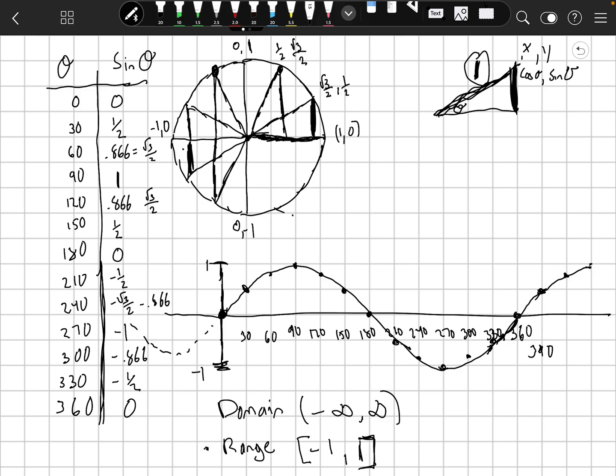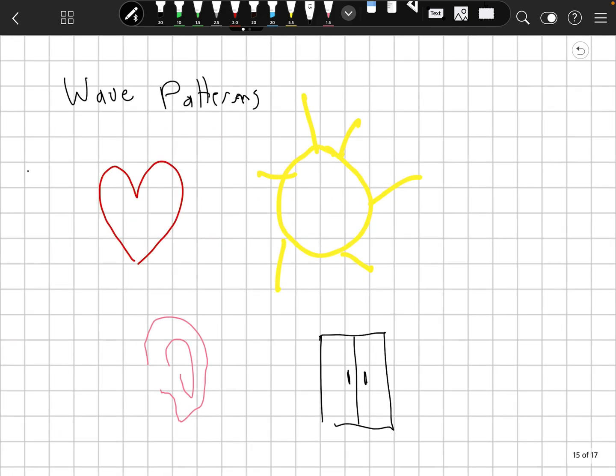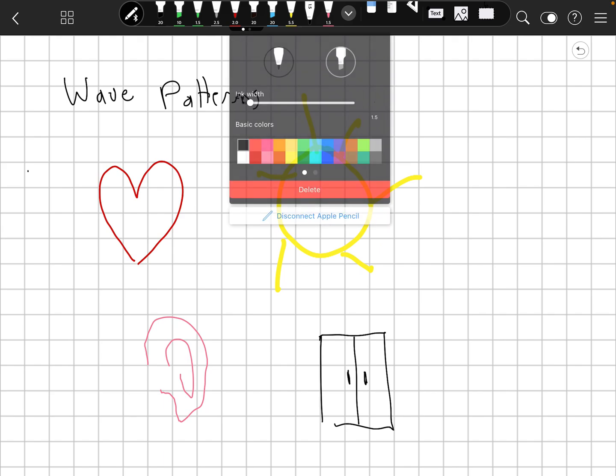Okay, I want to take a break before we get into cosine, and I want you to think about where this might come up in the real world. So let me go back here. We've got a few pictures here. Let's talk about wave patterns. I've got a heart here. What does a heart have to do with wave patterns?